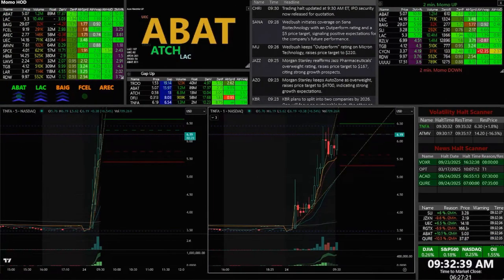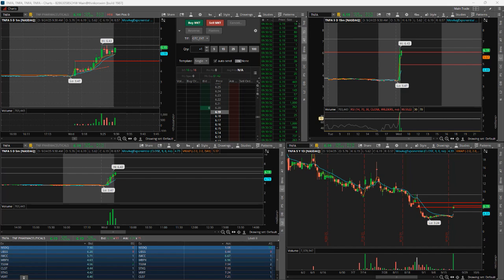In the meantime, I'm going to look at ABAT on my upper screen here, out of view. And we're just going to wash, rinse, and repeat. We're looking for float, we're looking for catalyst, we're looking for price action. Big move on volume.